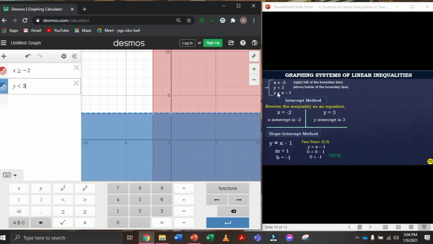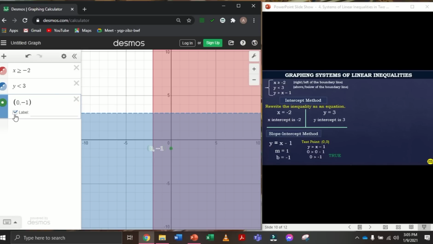Ito naman. So, i-plot natin si y-intercept 0, negative 1. Kasi tatlo yung inequality natin eh. Ayun si 0, negative 1. Now, i-plot natin si slope. So, ang slope natin is 1. Ibig sabihin, rise over run natin 1 over 1. So, isang angat, and then 1 dito.